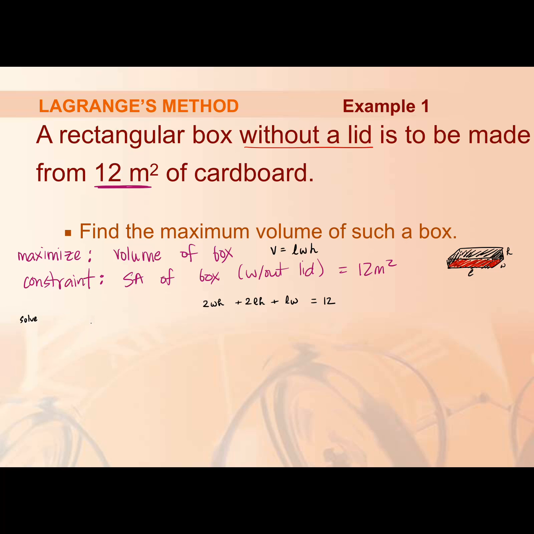So let's write this with a little more detail. We're going to solve the gradient of V equals lambda times the gradient of G. What does V depend on? It depends on length, width, and height. So the gradient of V of length, width, and height is equal to lambda times the gradient of G of length, width, and height.